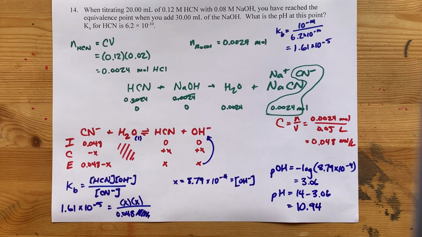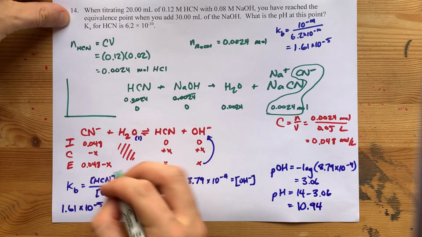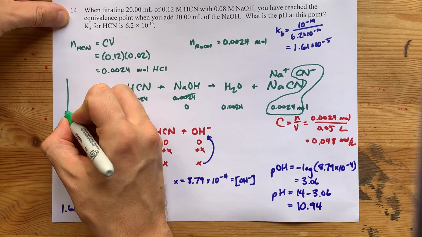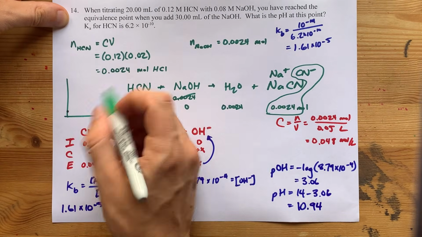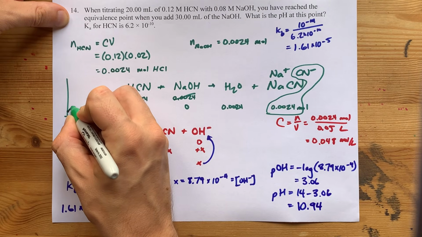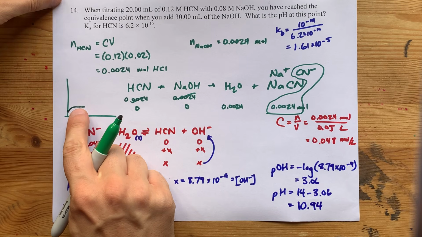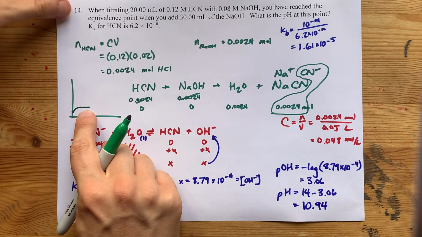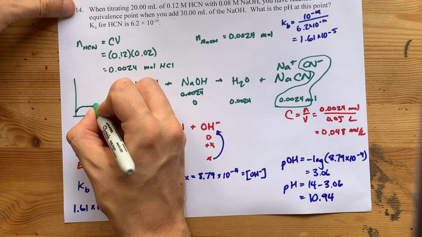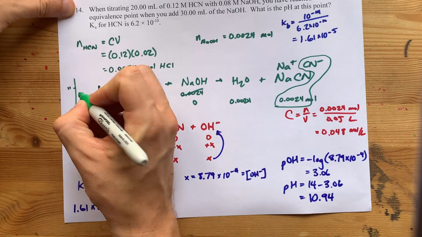If you were to have seen the titration curve for this, you're starting with a weak acid, so you start in the acidic zone. When you add the base, your pH rises but then flattens because buffers are resistant to changes in pH. Then it starts to rise. Your equivalence point is up here at 11.